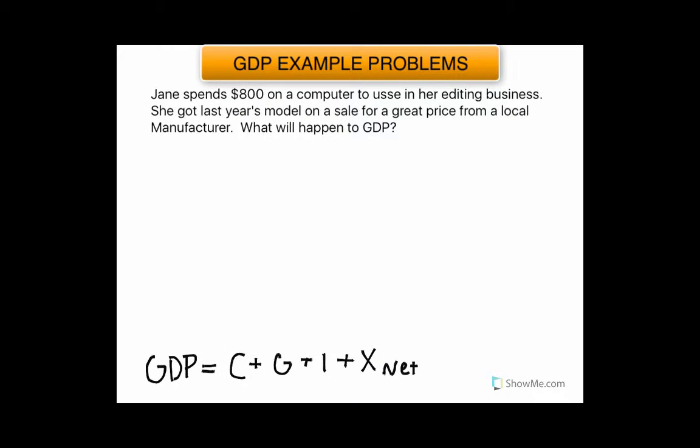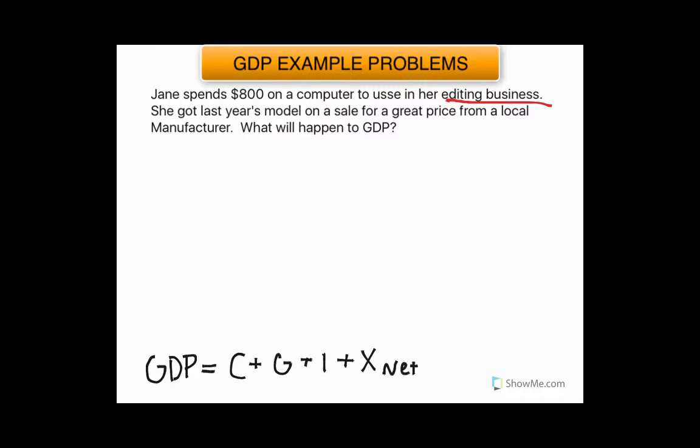In this next scenario, Jane spends $800 on a computer to use in her editing business. She got last year's model on a sale for a great price from a local manufacturer. What will happen to GDP? All right, so if she's using it in her editing business, we would assume that this was going to be an investment, just like in this last scenario where the girl was buying the computer for her publishing company.